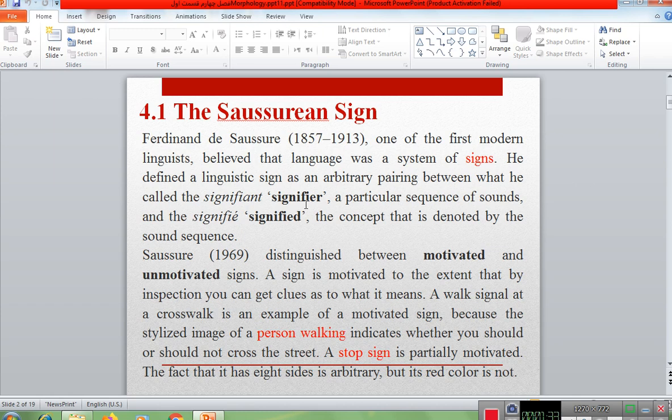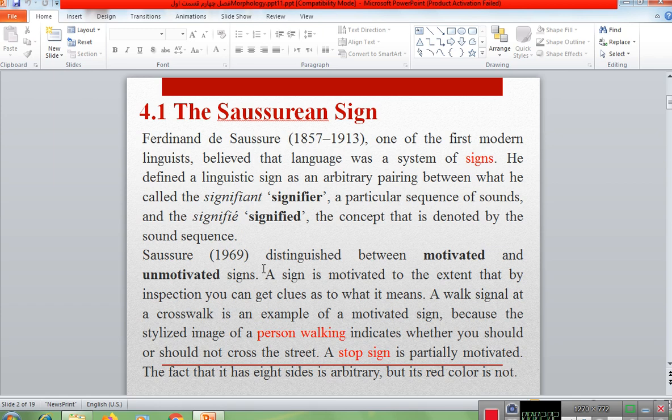These three terms, sign, signifier, and signified, are still standard in linguistics, and we use them in linguistic phenomena. Saussure distinguished between motivated and unmotivated signs. A sign is motivated to the extent that by inspection you can get clues as to what it means.